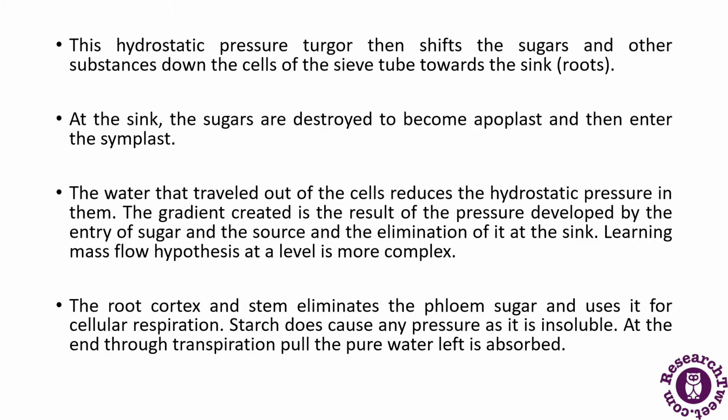Now the hydrostatic pressure shifts the sugar and the substances down the cells of the sieve tube towards the sink, that is the roots. At the root, or at the sink level, the sugars are removed and they become apoplast, and then they enter the symplast.